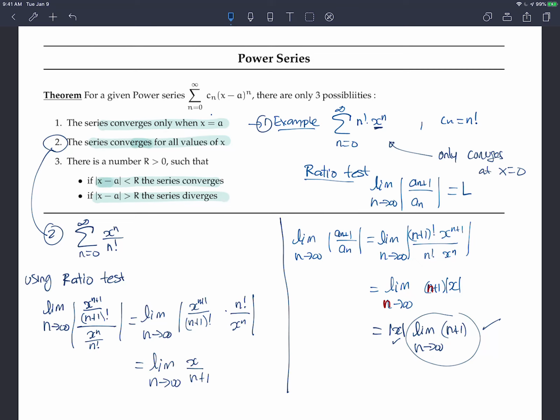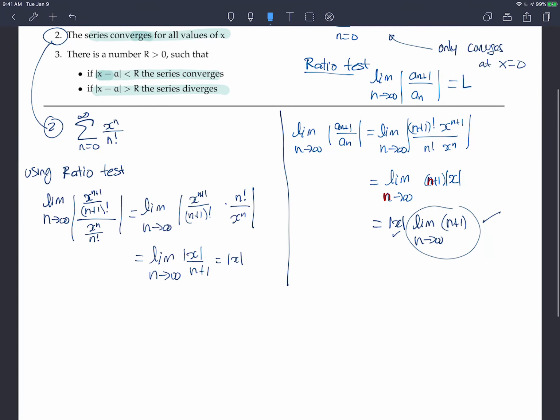I still have the absolute value bars here, and again, who's going to infinity is the n, so this becomes absolute value of x times the limit, which is 0.